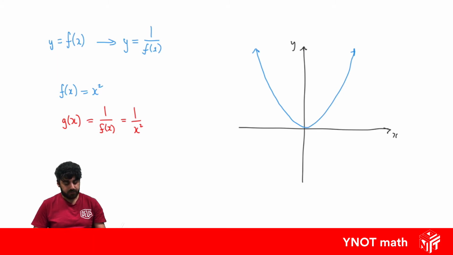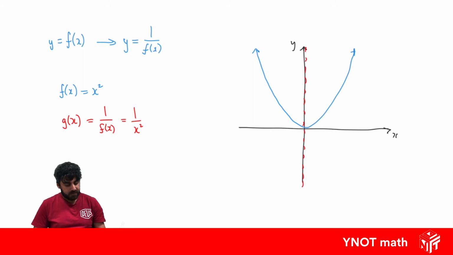Well, we look at some key values and we think about what's going on. The key values we're talking about are the y value. So the y value here is 0, and 1 over 0 actually creates a vertical asymptote. So what we're going to have on our reciprocal function is a vertical asymptote here because we have a y value of 0.